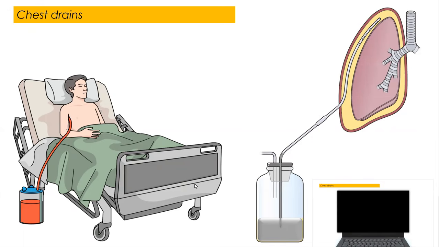And you have to see by your eyes 2 things: the bubbling, this is bubbling here, and the oscillation of the fluid level, the oscillation of the fluid meniscus. Okay, so you have to see these things to be sure that the chest drain is in.